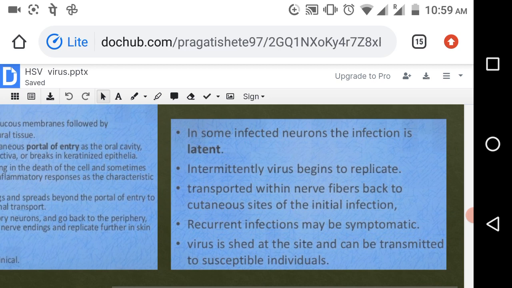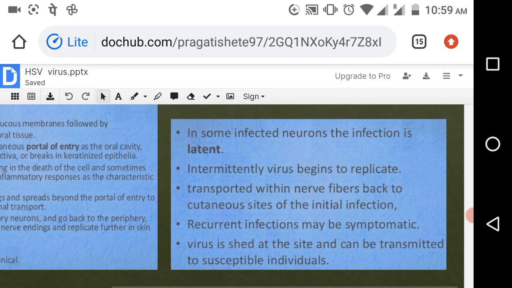Then intermittently the virus begins to replicate at a certain period of time. After being latent, it will again start to replicate. Then it is transported within the nerve fibers back to the cutaneous site of the initial infection. Then the recurrent infection may be symptomatic.